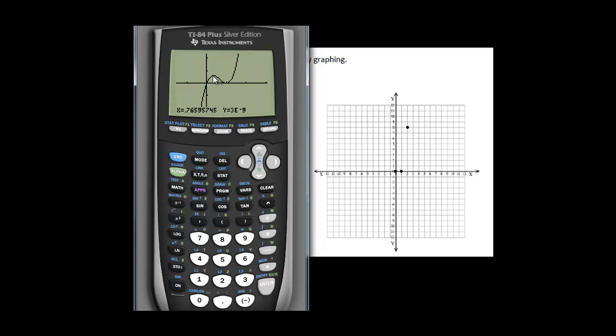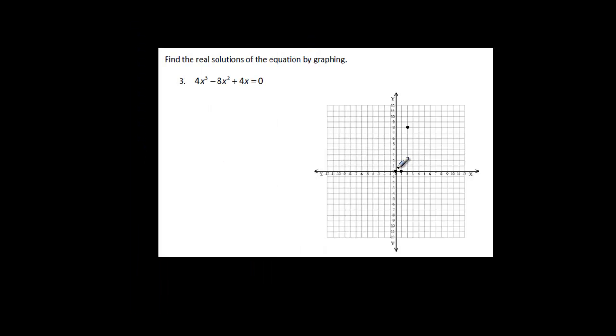So we can plot this point here. First, let's find out where it is. So it's a local maximum. So go to the left of it, to the right of it, and then enter. So 0.33 comma 0.6. So this is where it kind of tops off, right there.